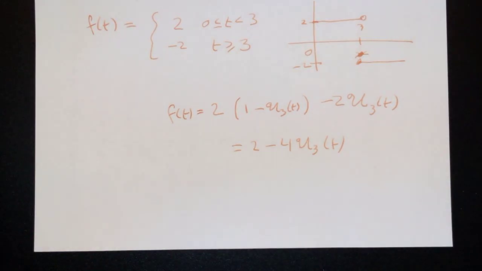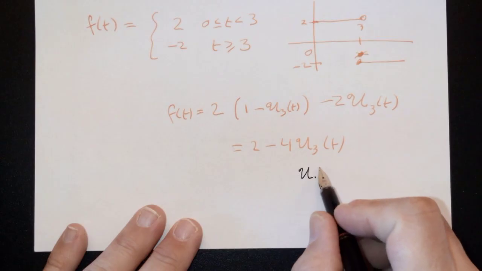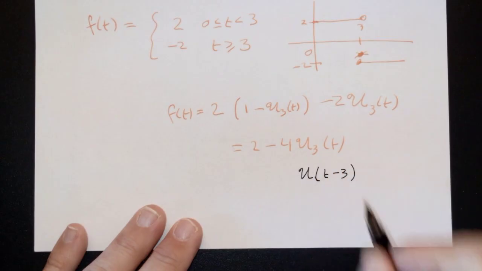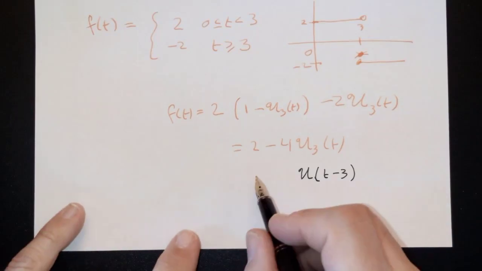Now, back when I first introduced this, I said UA of t, right? I'm writing U3. But I said UA was the same as the original U, just shifted. So another way to write U3 is to write U of t minus 3. It's shifted.